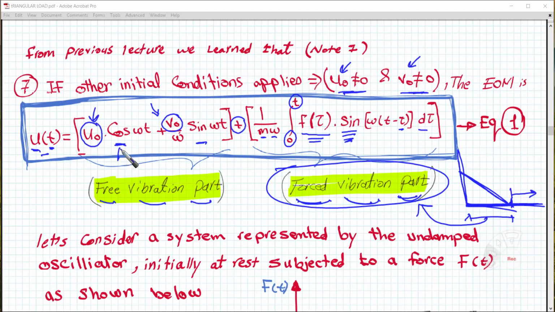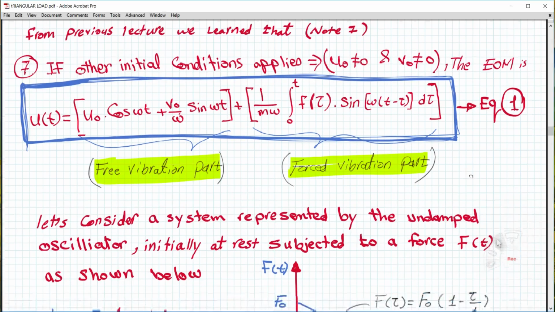This means that we have a sinusoidal function. Addition of 2 sinusoidal functions means that we are expecting something to be wavy, something like this. Okay, so this is the understanding of the equation, and we have already explained it before.